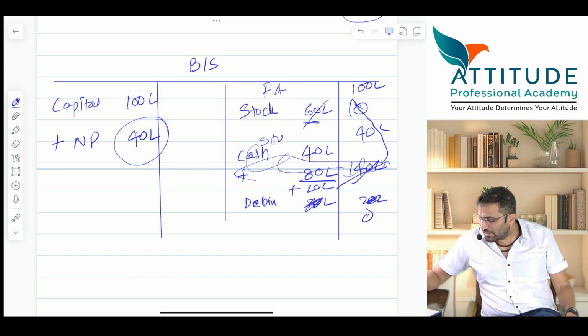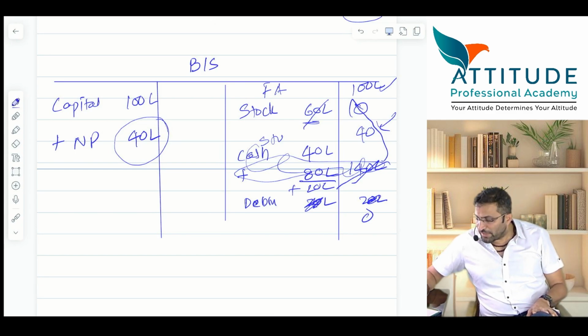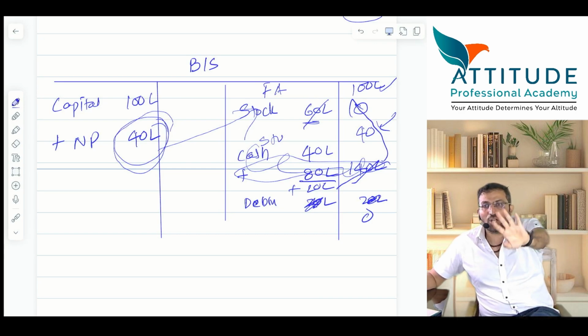Cash becomes fixed assets, and 40 is stock. Now tell me where this net profit is hidden. Net profit is reflected in your assets, because that cash is getting converted into either fixed assets or stock. Understood?